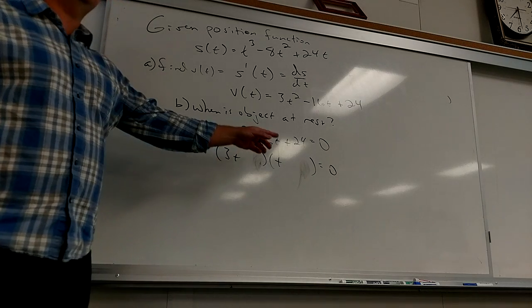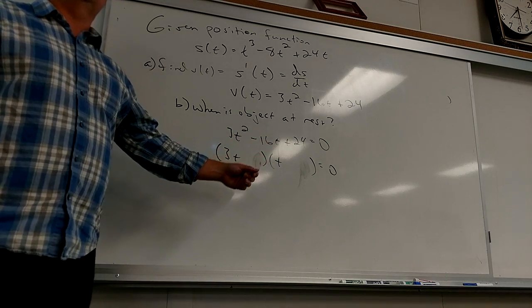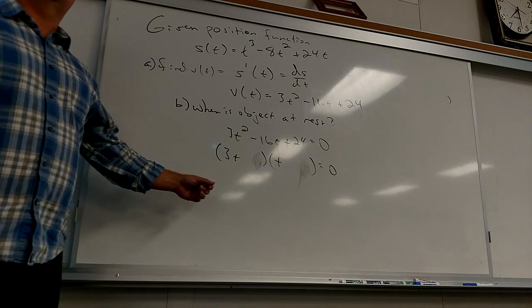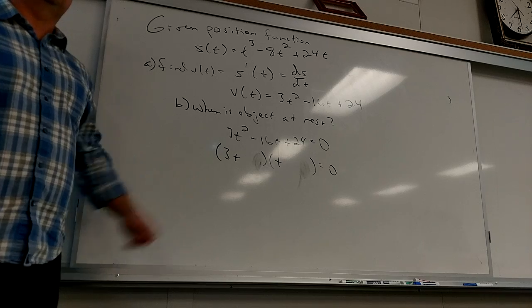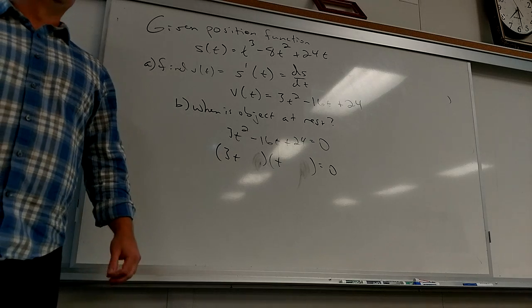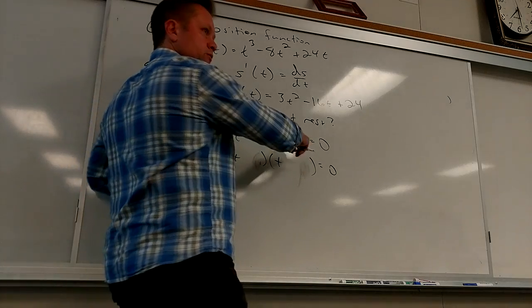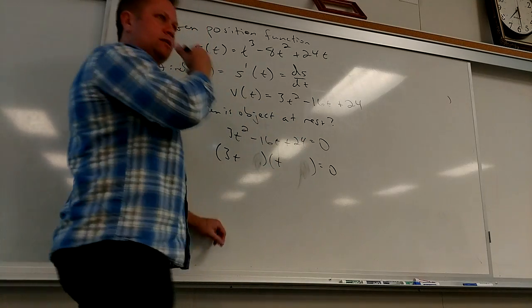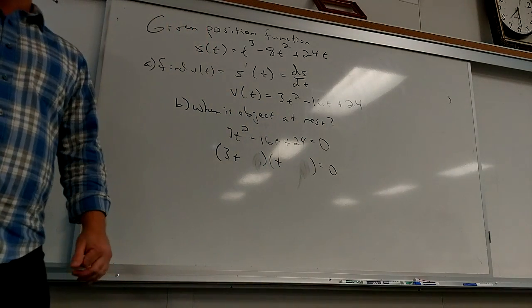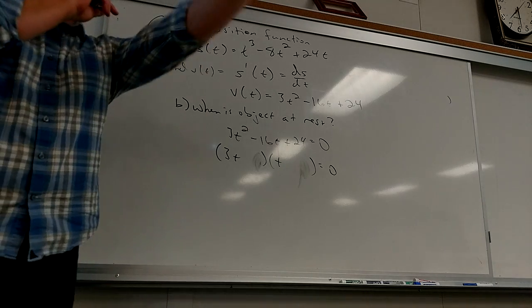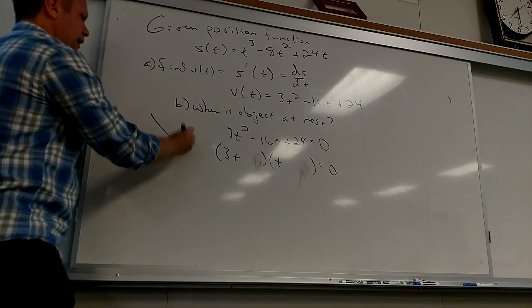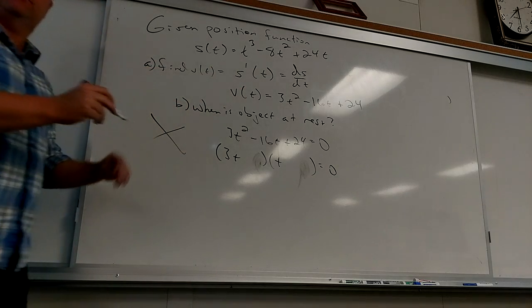Anybody know a different way to try to factor this, by the way? No? All right. The 3 times 24, and then factors that add to be 16. You don't remember that? It's called the AC method, or where you made the big X. Some of you might remember doing that.